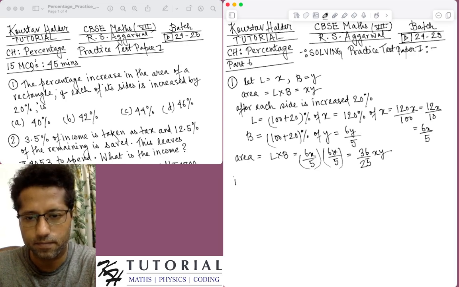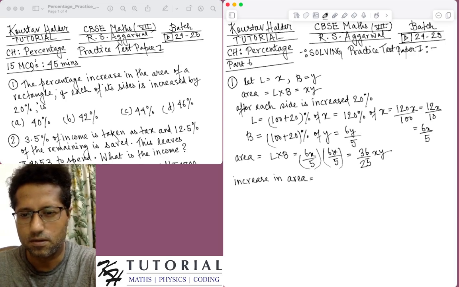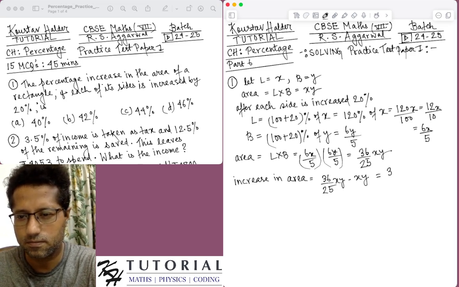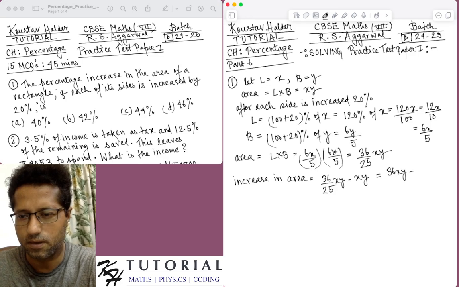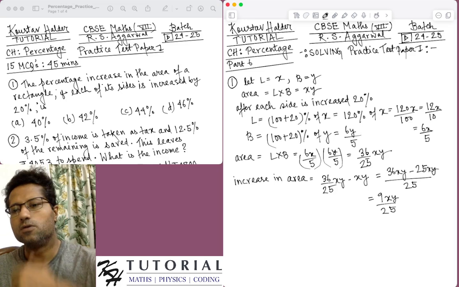So the increase in area equals 36 by 25 xy minus xy. This is 36xy minus 25xy divided by 25.